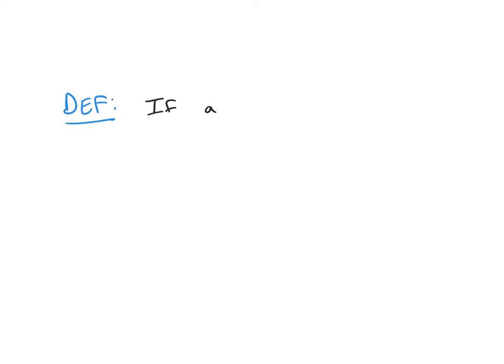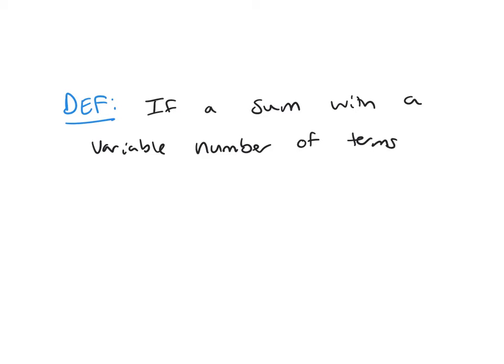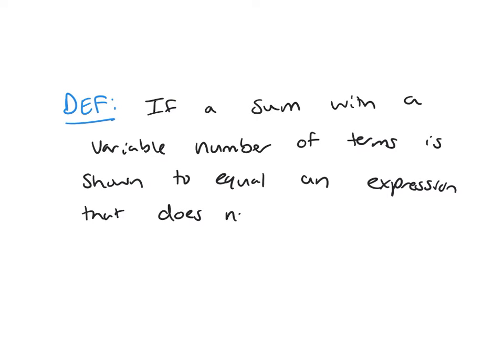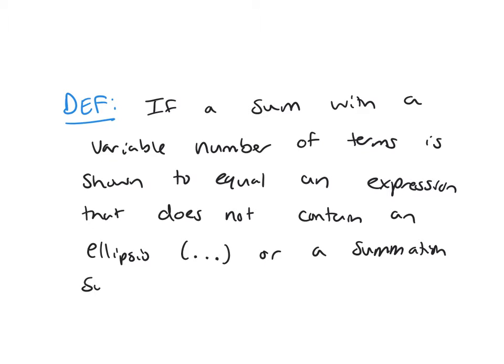If you have a summation with a variable number of terms, so it's not fixed, that is shown to equal an expression that does not contain an ellipsis, the ..., or a summation symbol, we say the sum is written in closed form.